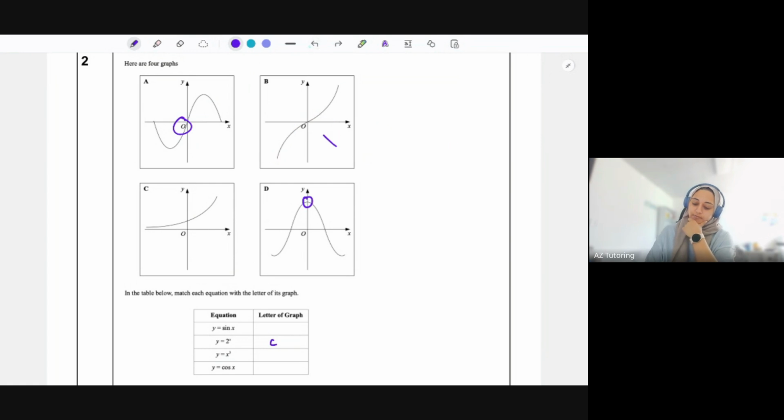So therefore, A is sine, and D is cos, so I can put that there. So then that just leaves B being the cubic. If you're a bit confused, there might be 2 that might be a cubic. So A could potentially have been a cubic, or this could have been a cubic. Do your other letters first and then eliminate it, is what I would say.